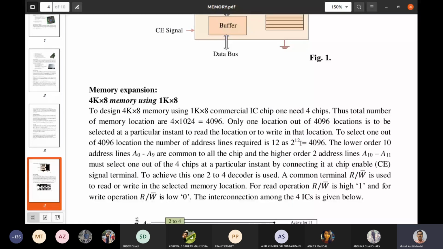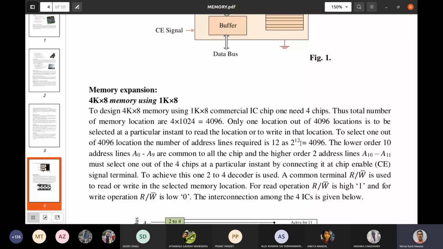So 10 address lines will be common for all 4 ICs, and the highest order 2 address lines will be used as chip enable signals, and that chip enable signal can be determined with the help of a 2 to 4 decoder.